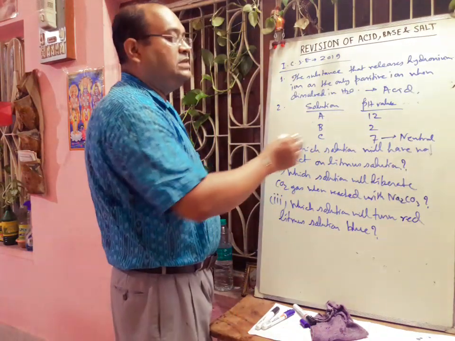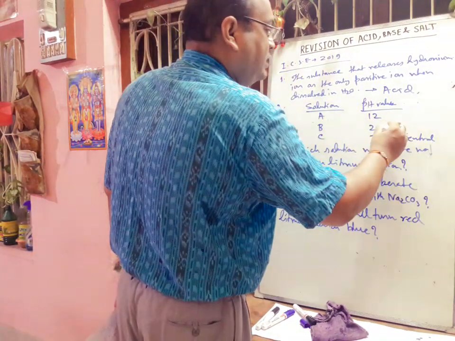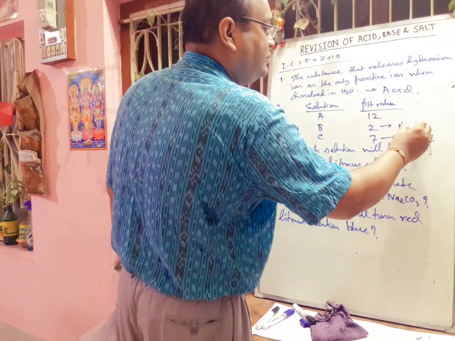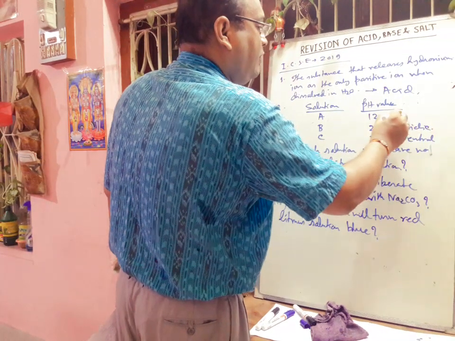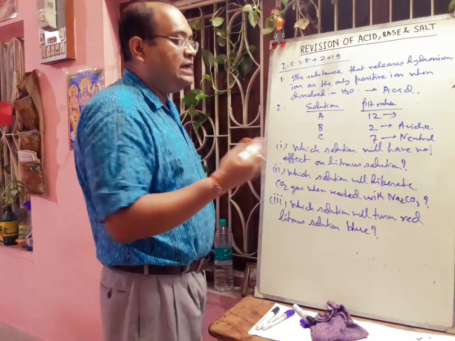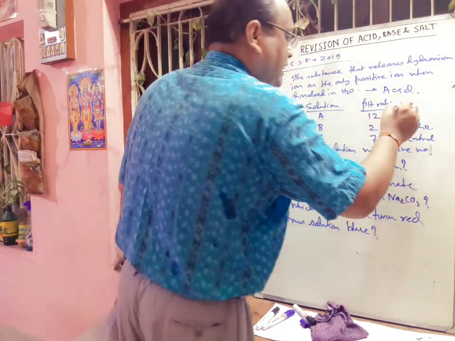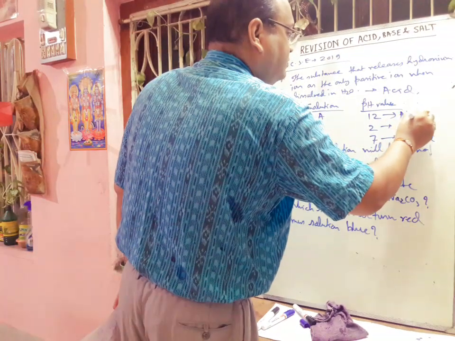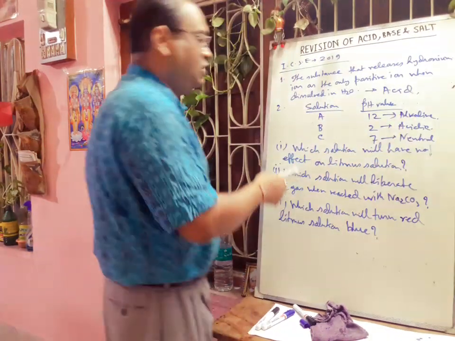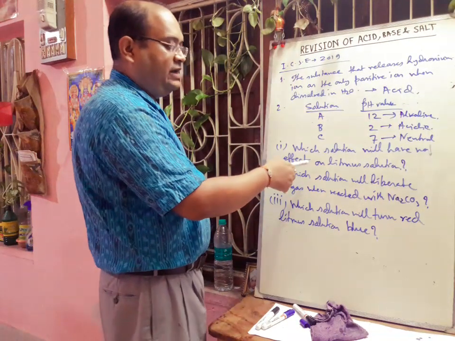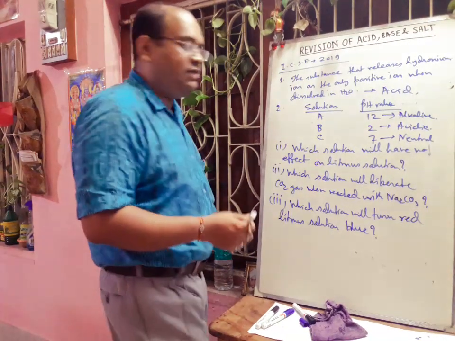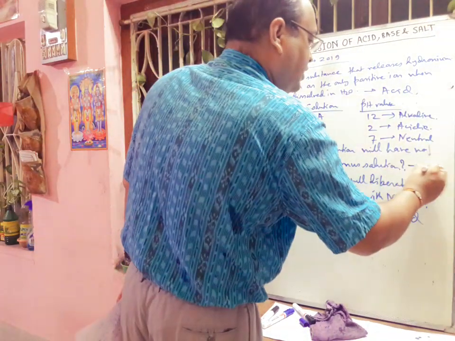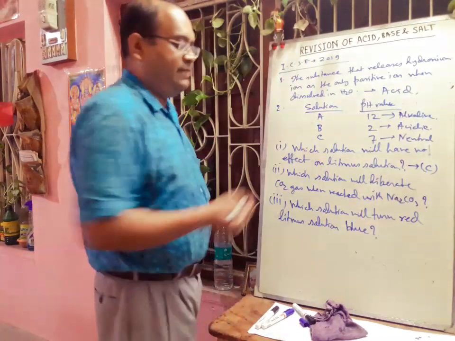And when the pH value is 2, that is below 7, that is an acidic solution. And when the pH value is greater than 7, here 12 is given, that means it is an alkaline solution. So, which solution will have no effect on litmus solution? The answer will be option C, whose pH value is 7.